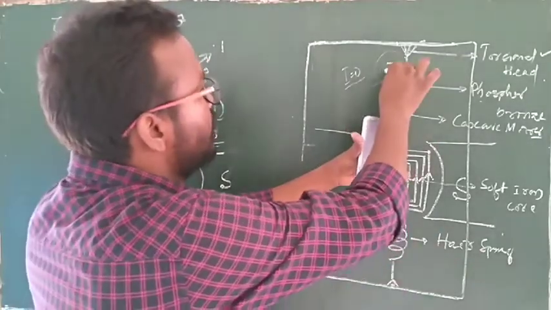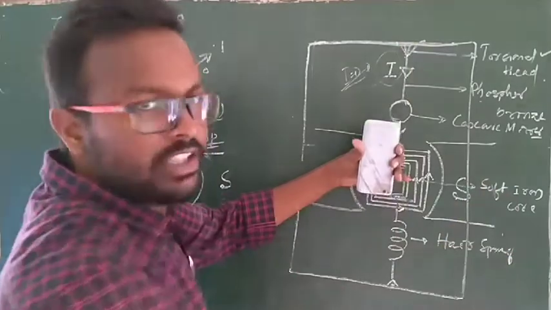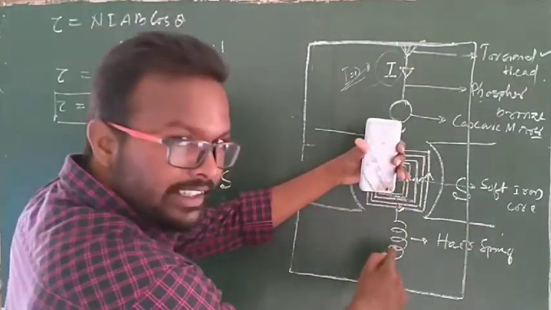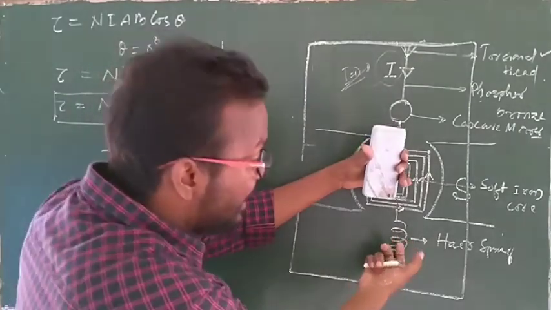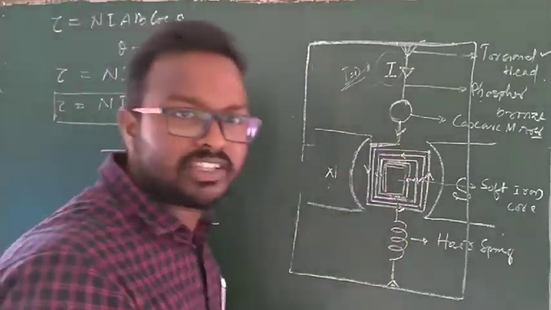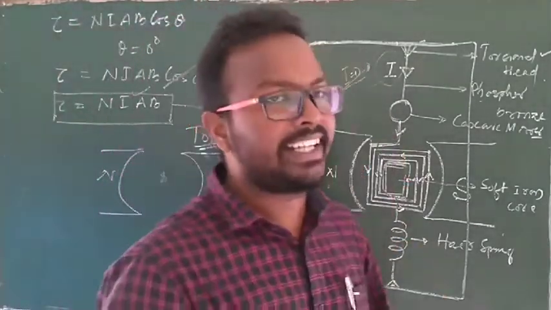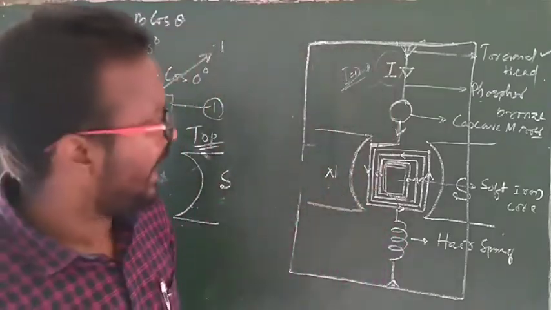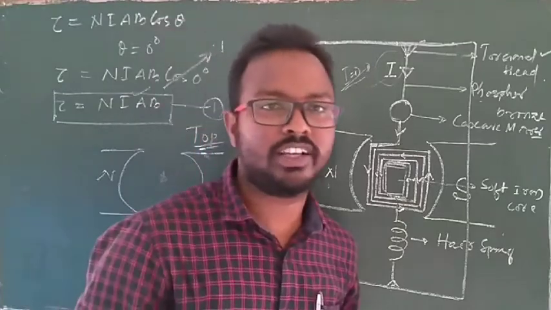Now the current flowing through the circuit turns to be zero. Then the tight hairspring tries to regain its original position, because every particle wants to remain in its initial position. That means, according to Newton's first law of motion, inertia.